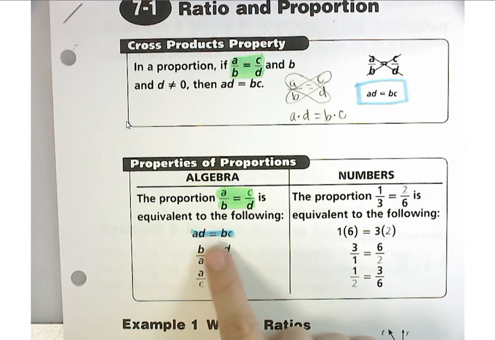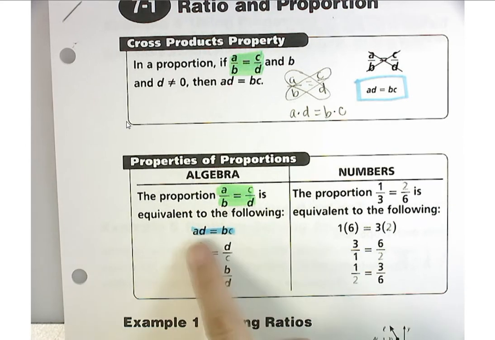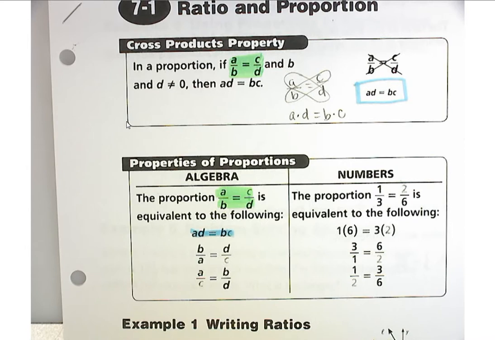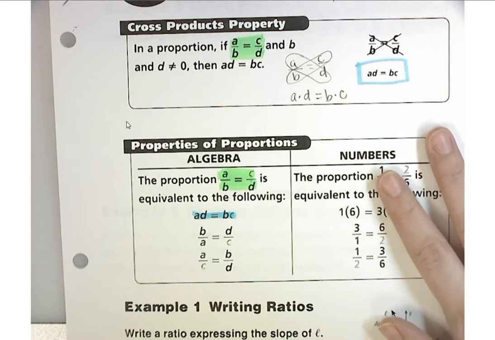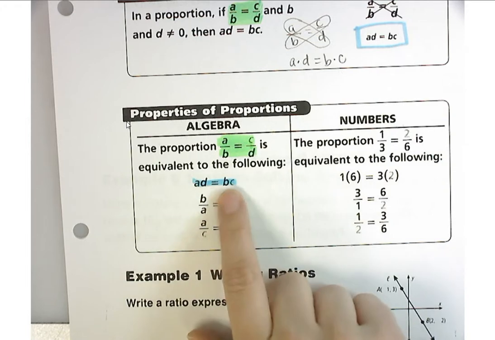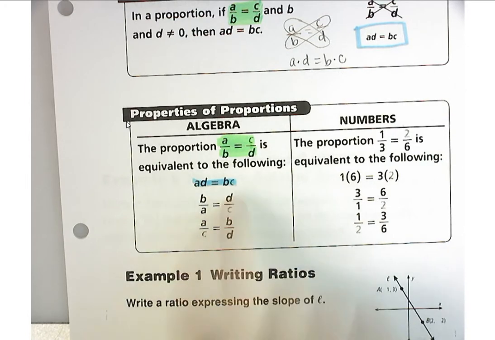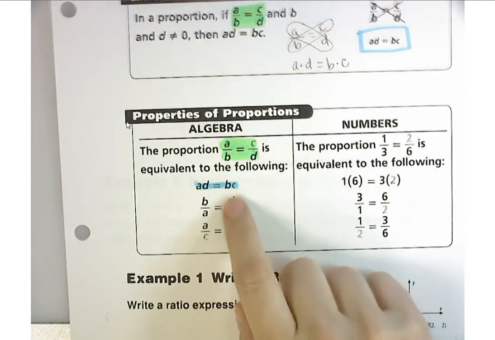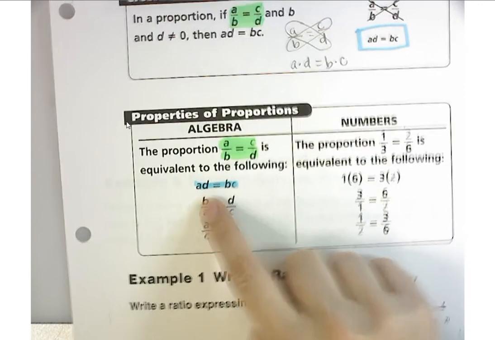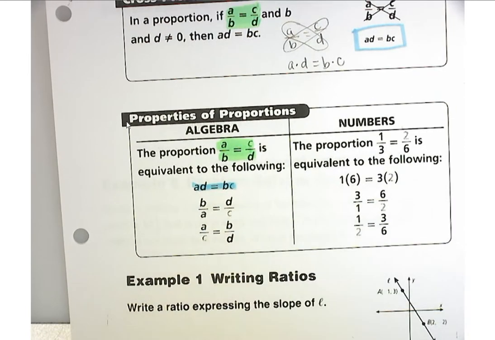Let's think about how we can get from this equation here to one of these. If you have AD equals BC, what could you do to both sides? You could divide, right? So if you divided both sides by A, you could get B over A. And then if you divided both sides by C, then you'd end up with D over C.